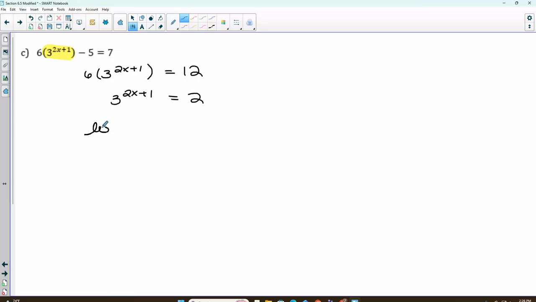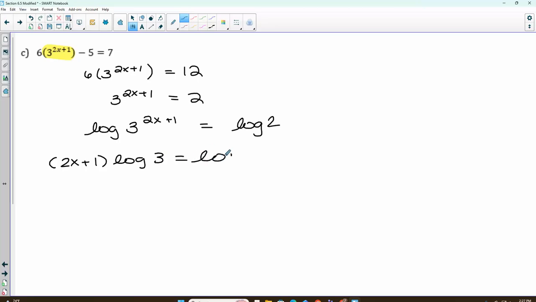Now we can add a log to each side. Exponent comes down. Now what? Okay.